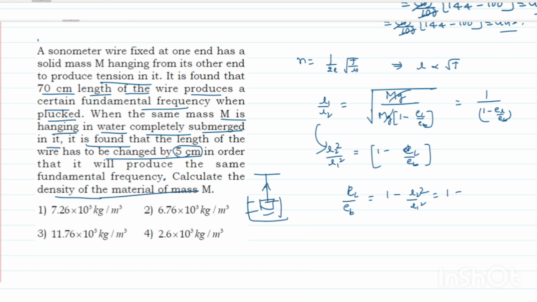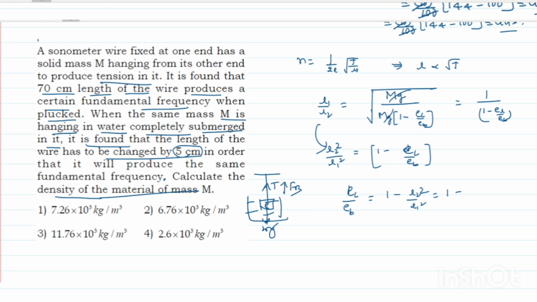The tensional force acts, the buoyancy force acts, and down it will be the weight of the body. So we will be getting 1 minus density of the liquid by density of the body.